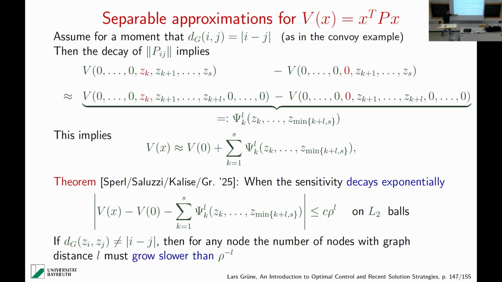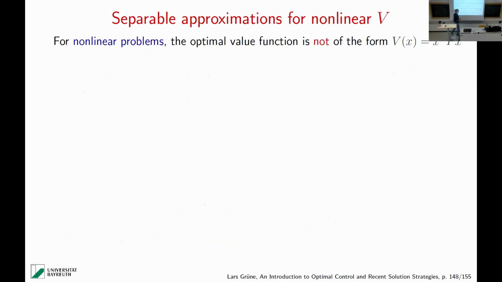It must grow slower than rho to the power of L. In a binary tree you would have 2 neighbors, 4 neighbors, 8 neighbors, which is exponential growth. That would still be okay if this rho is less than 1/2, but otherwise you need slower growth. So they have to balance the number of neighbors that influence your system and this decay parameter.